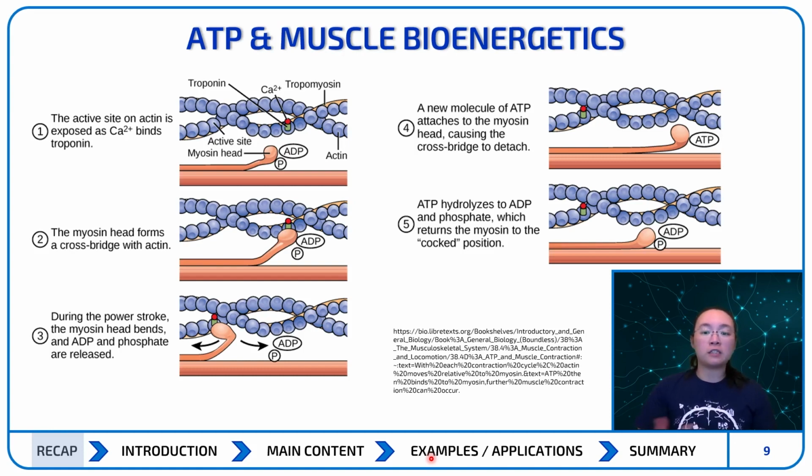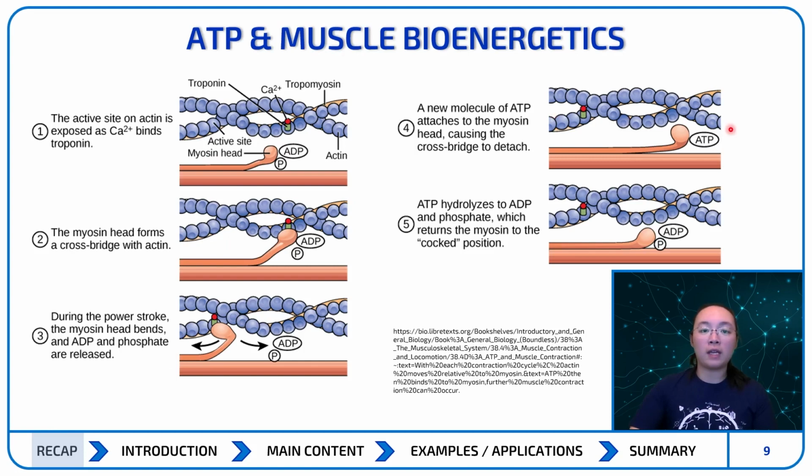As myosin expends the energy, it moves through what's called a power stroke, which pulls the filament towards the M line. When the actin is pulled approximately 10 nanometers towards the M line, the sarcomere shortens and your muscle contracts. At the end of one power stroke, the myosin is in a low energy position.